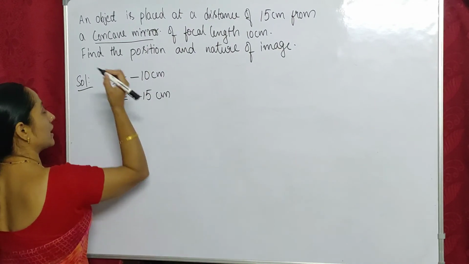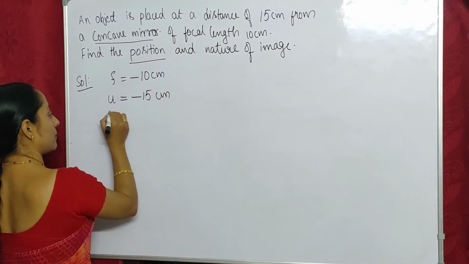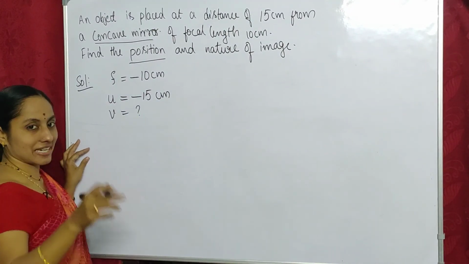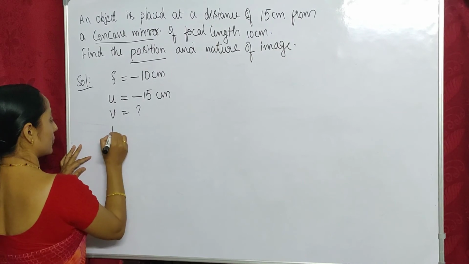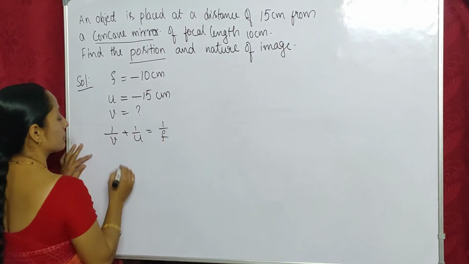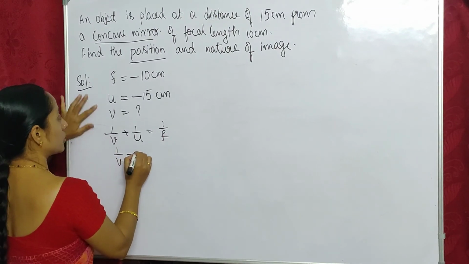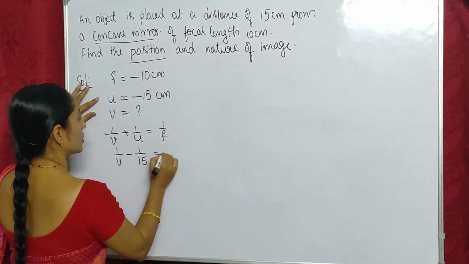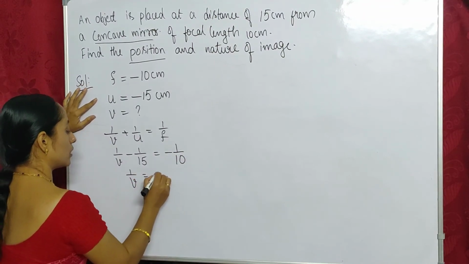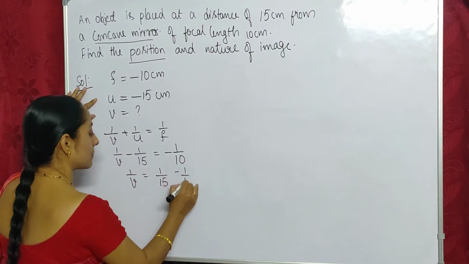What do we need to find out first? Position of the image. So v is equal to question mark. Quickly substitute, pause the screen and solve before I do. 1 by v plus 1 by u is equal to 1 by f. 1 by v we need to find out. Minus 1 by 15 is equal to minus 1 by 10. So 1 by v is equal to 1 by 15 minus 1 by 10.